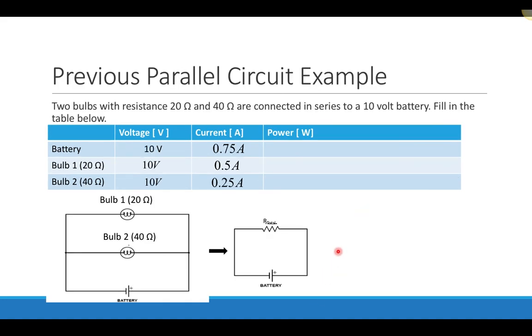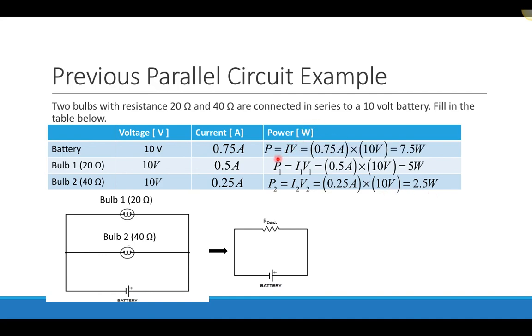We can go through the same process for the connection in parallel, and again, this should say parallel. The power through bulb 1 is the current times the voltage. The current is 0.5 amps. The voltage is 10 volts. So the power of that bulb is 5 watts. The power for the second bulb is the current, 0.25 amps, times the voltage, 10 volts, which is 2.5 watts.